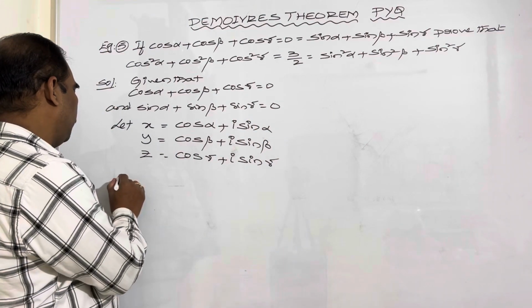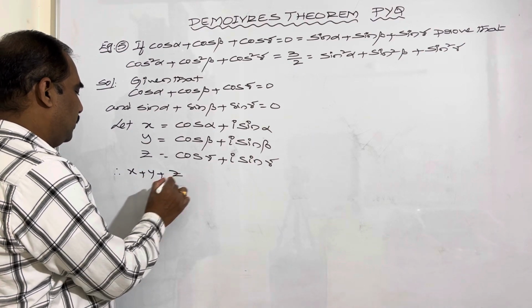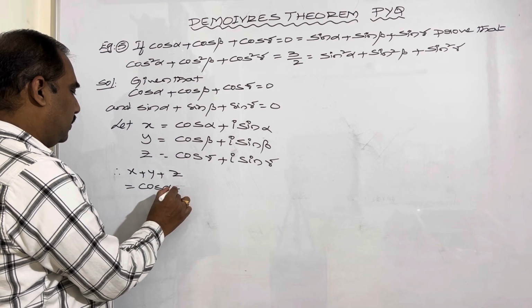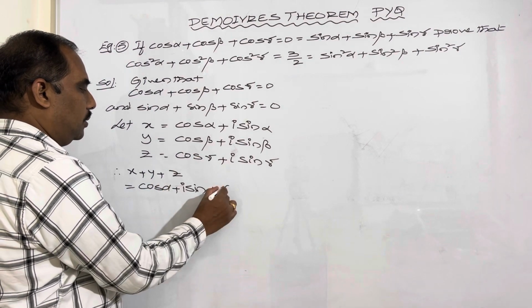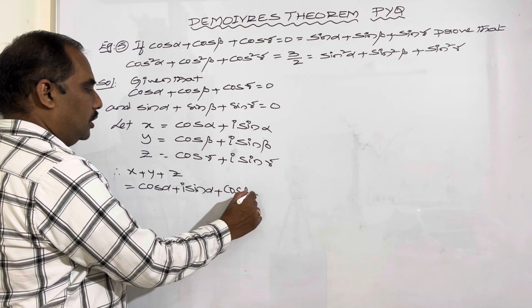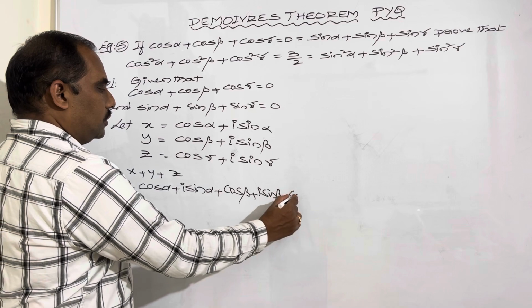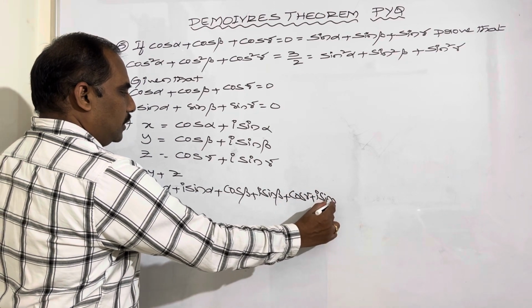Now adding, x plus y plus z is equal to cos alpha plus I sin alpha plus cos beta plus I sin beta plus cos gamma plus I sin gamma.